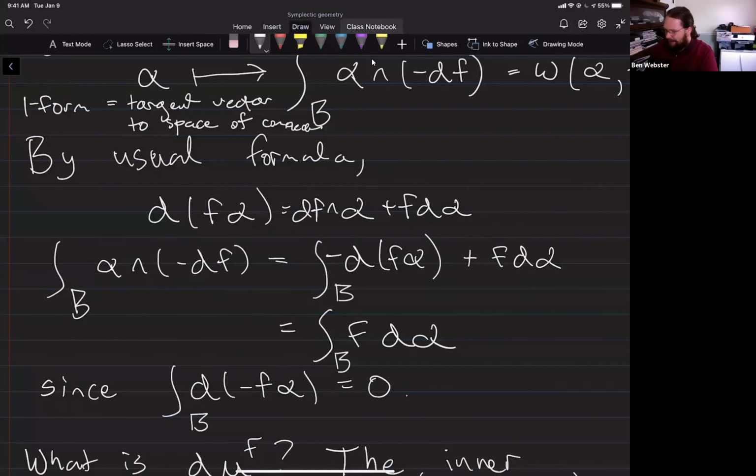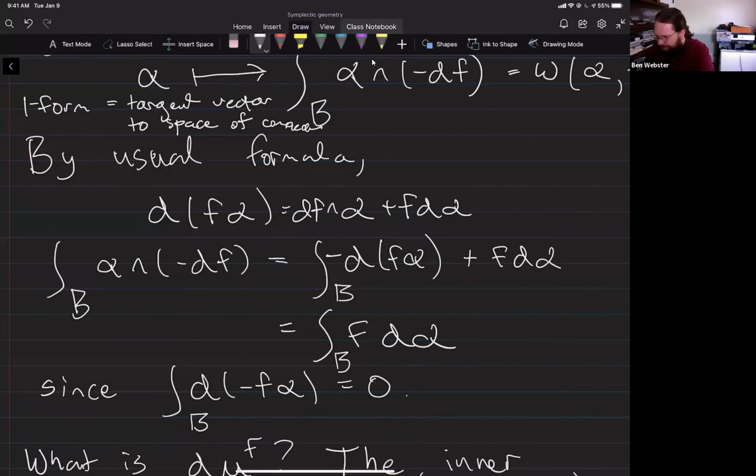And when I see something like alpha wedged with minus df, that seems very suggestive. I have a formula, which is that if I take the exterior derivative of f times alpha, and now I'm thinking of these as forms on B, I'm taking the exterior derivative on B, that's df wedge alpha plus f d alpha.